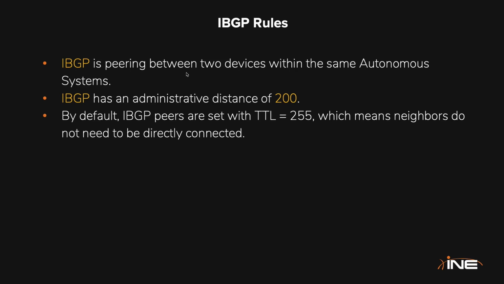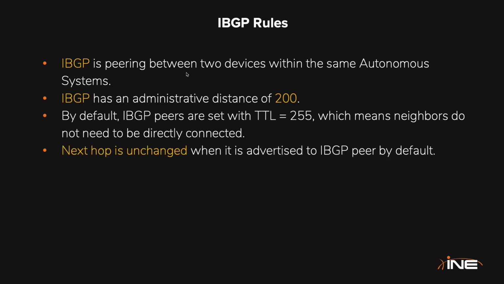They can be separate, as long as I have some kind of reachability between my two routers. Maybe there's an underlay IGP running. As long as they have reachability, you can establish an iBGP neighborship.